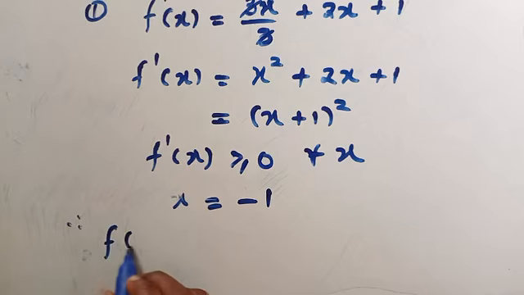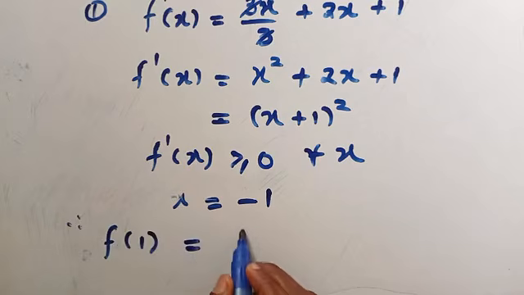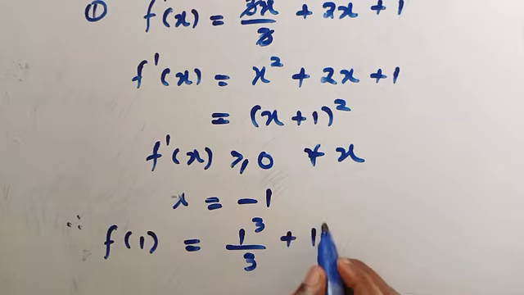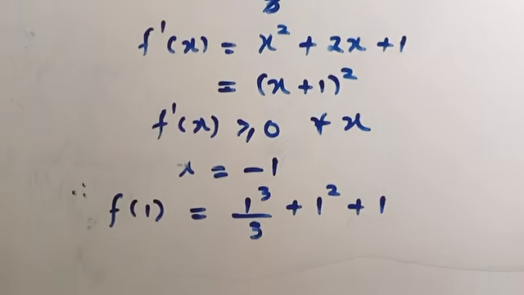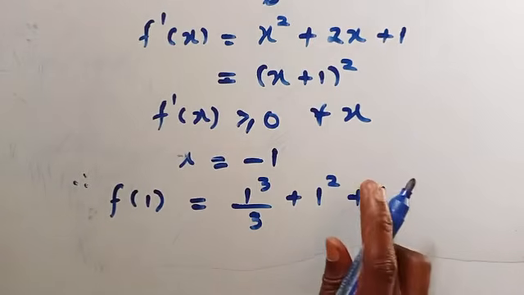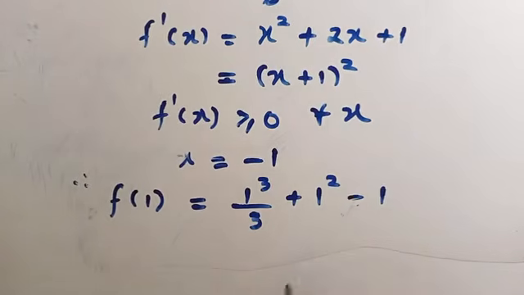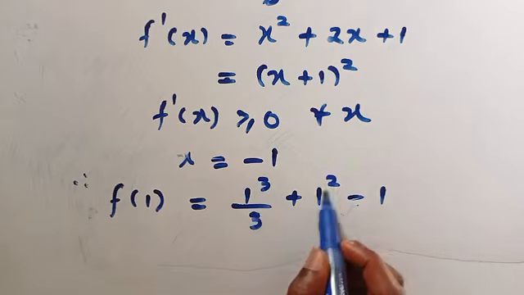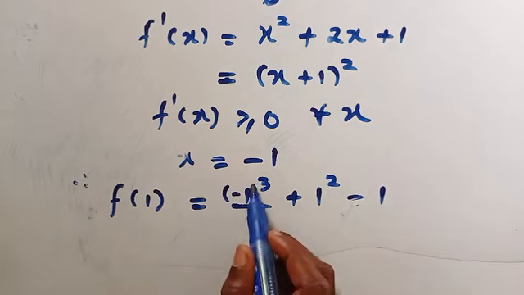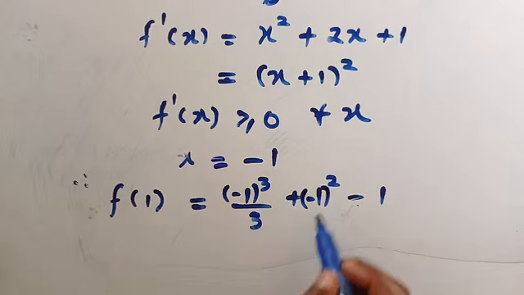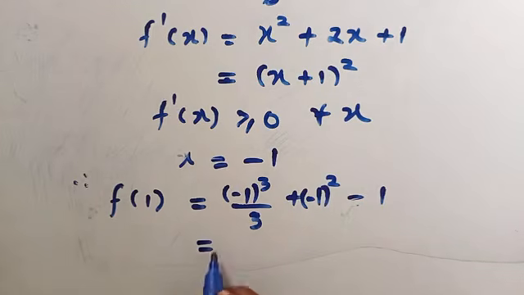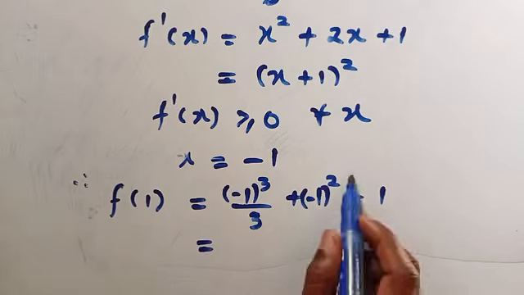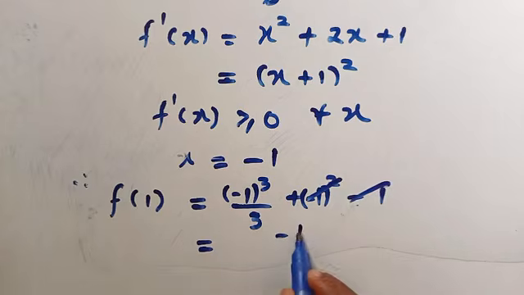We have f of minus 1 equals minus 1 cubed divided by 3 plus minus 1 squared plus minus 1. This cancels, and we have minus 1 divided by 3 for f of minus 1.